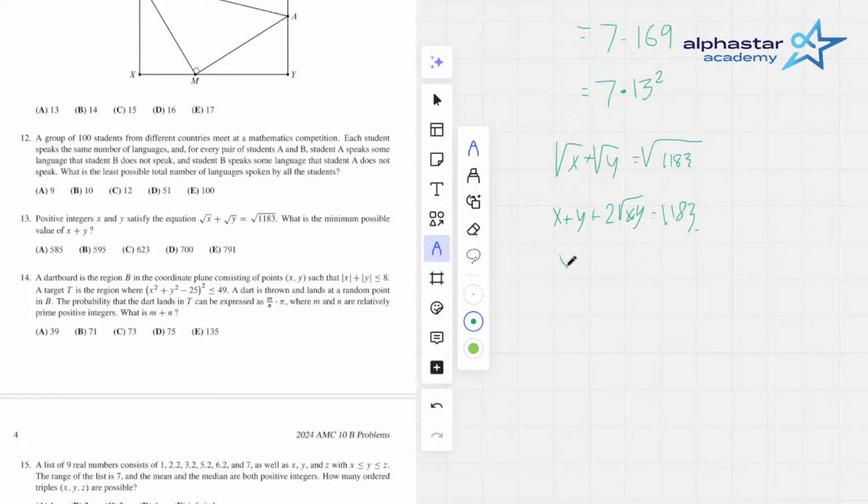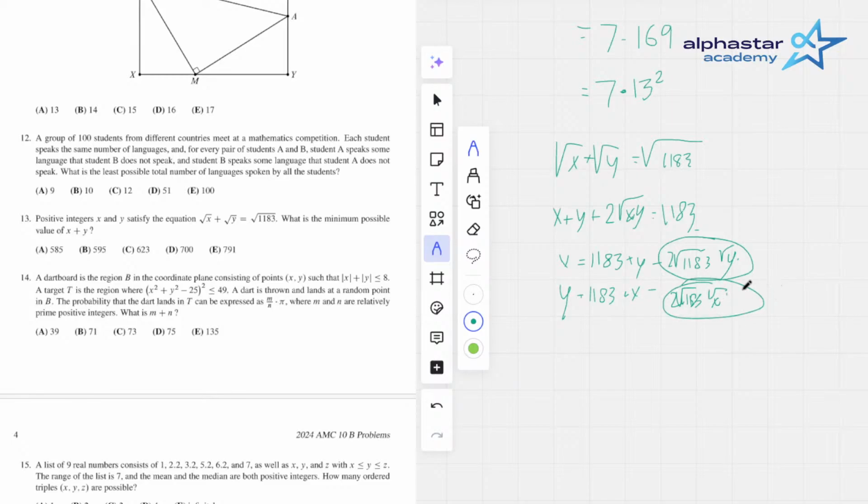We could subtract out: x equals 1183 minus y plus 2 root 1183 root y. So this has to be an integer. Similarly, y equals 1183 plus x minus 2 root 1183 root x.